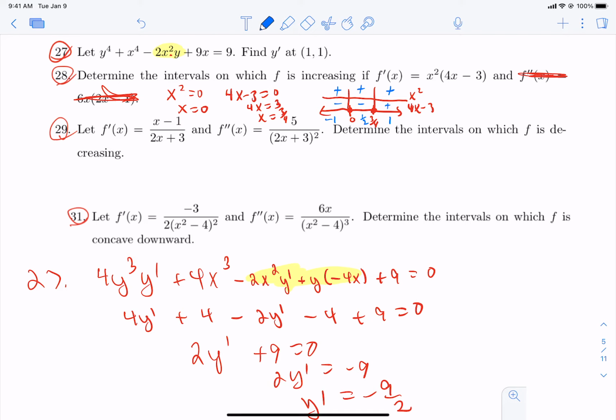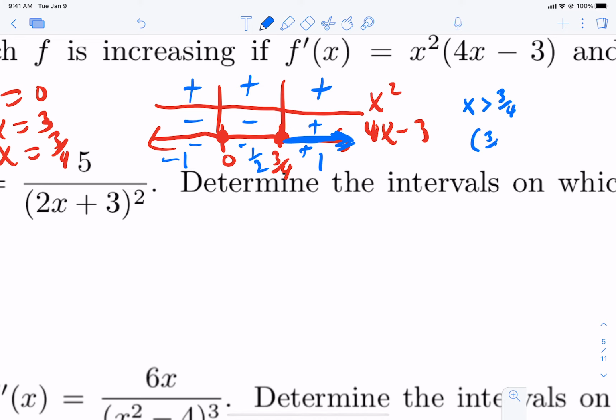Now they said increasing. So the only part on our plus minus chart that is positive or increasing is this part right here. So the answer would be when x is greater than 3/4. You can also do from 3/4 to infinity.